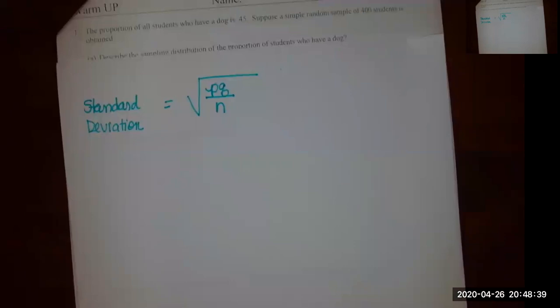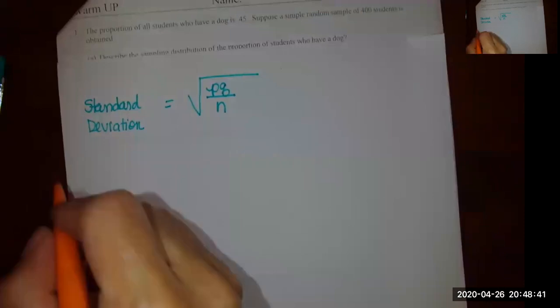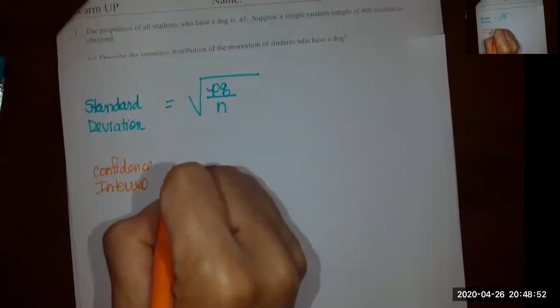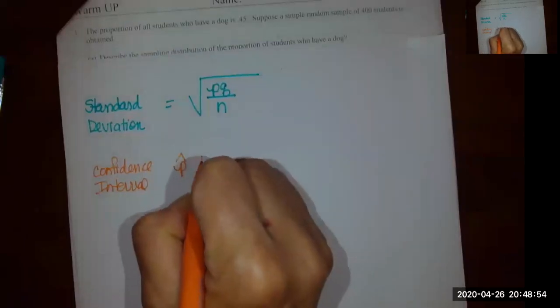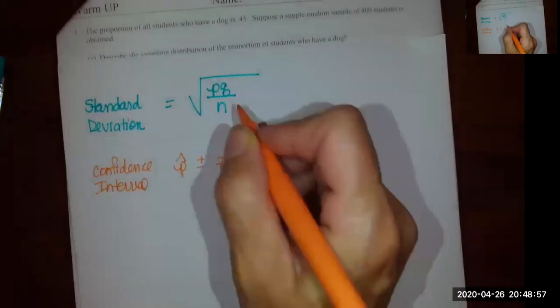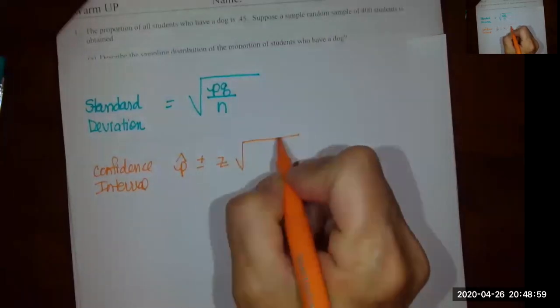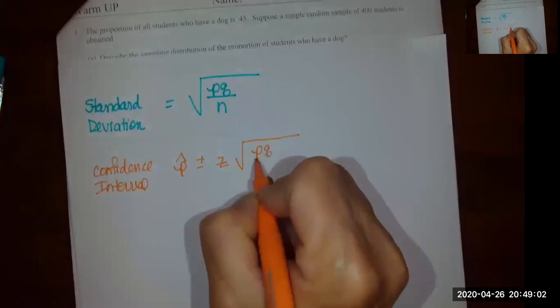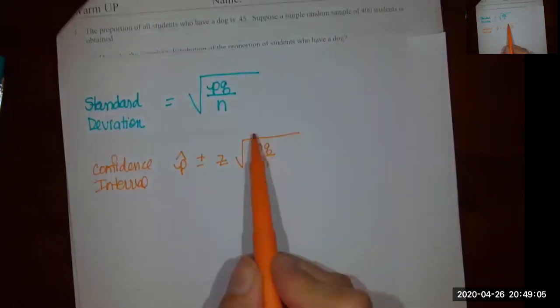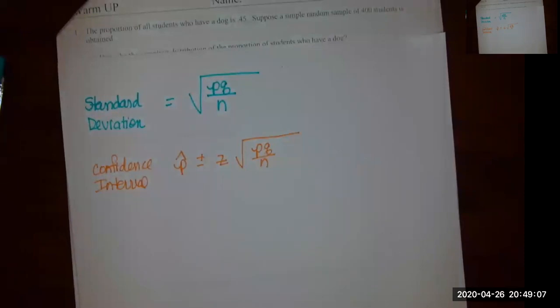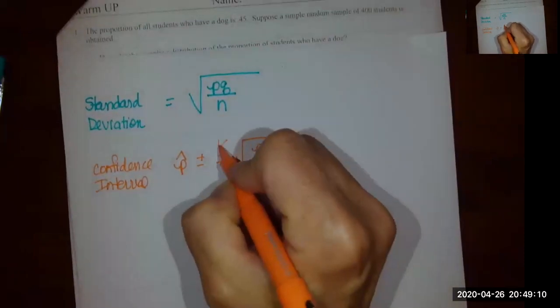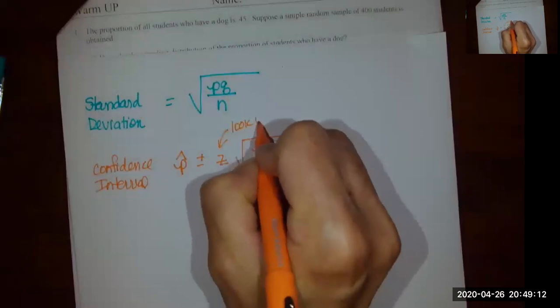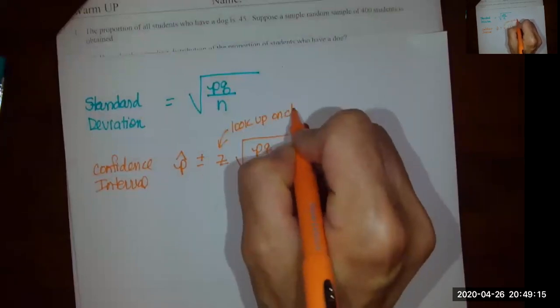We also know that a confidence interval is P hat plus or minus Z times, if you look at the formula, it's really just the standard deviation times Z. And remember, we look this up on the chart that's in your notes.